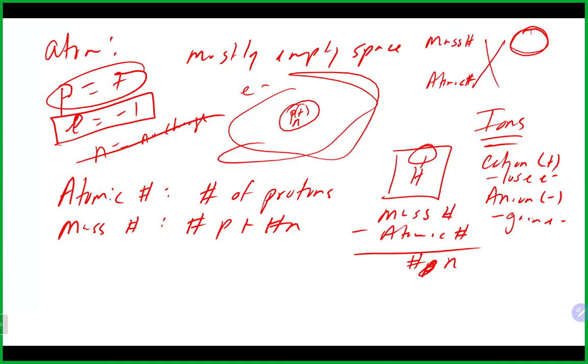It will have more electrons if it's negatively charged, and the actual number is how many electrons it's gained from its neutral atom. So if it has a -2 charge, it means it has 2 more electrons than it normally would in its neutral state. And if it had a +3 charge, it means it has 3 fewer electrons than it would in its normal state. Any questions on any of that?